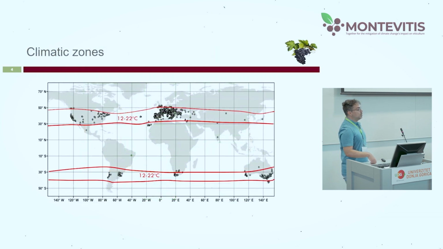So taking another look at the map, we can see why viticulture is in these places: they tend to be in regions with temperatures between 12 and 22 degrees, both in the northern and in the southern hemisphere.